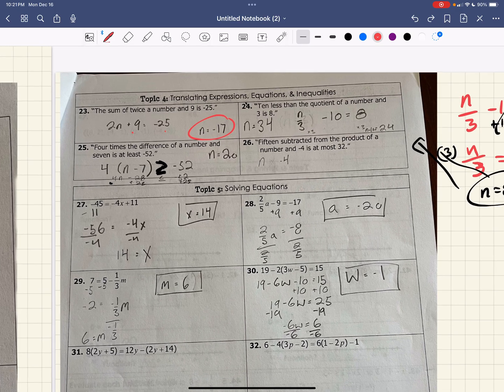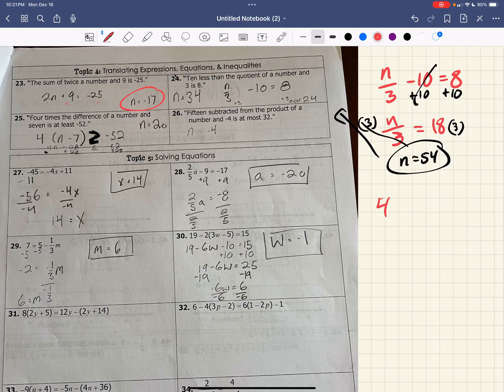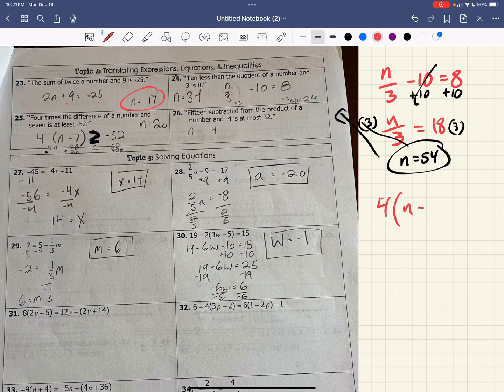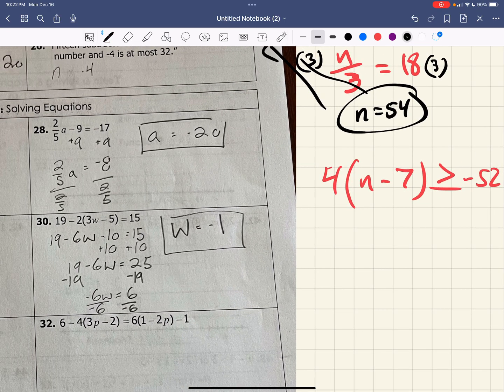Like if I have n, I'm gonna draw it over here real quick. So 4 times n minus 7 is greater than or equal to negative 52. Okay, you can actually start off by just dividing by 4. Divided by 4. This is like an equal sign, right?